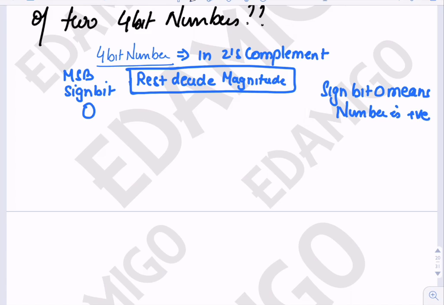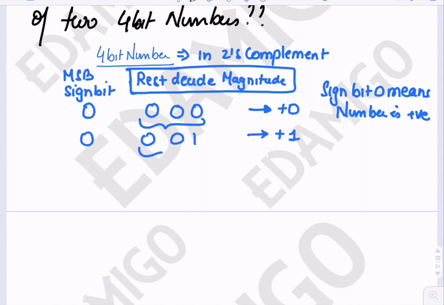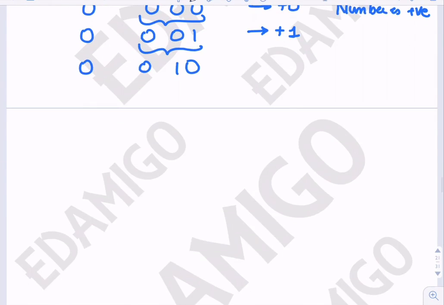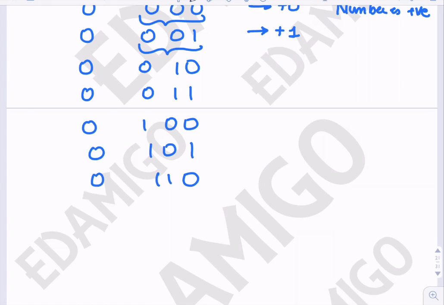And obviously the rest of the bits give the magnitude. For example, with 4-bit numbers, 0000 means plus 0 because the magnitude is 0, 0001 is plus 1 because the magnitude is 1, and similarly all the numbers 0010, 0011, 0100, 0101, 0110, 0111.